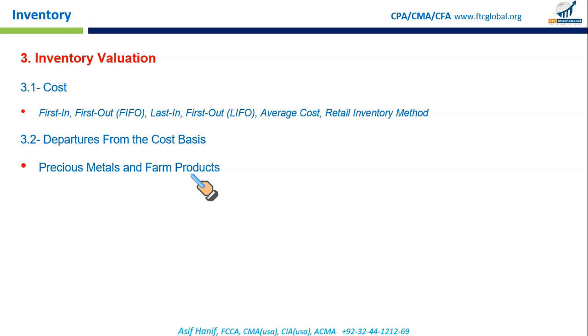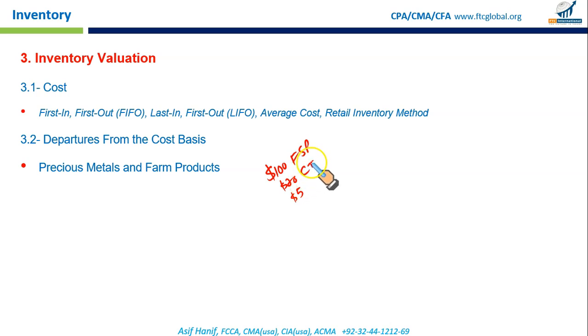And what is net realizable value? Please listen to me very carefully. An item I can sell for $100, but for selling this item for $100, I have to spend some money to complete these items. Let's say it's $20, and I have to pay a certain amount of money to make the sale in the form of sales commission, let's say $5. So this is your final selling price.